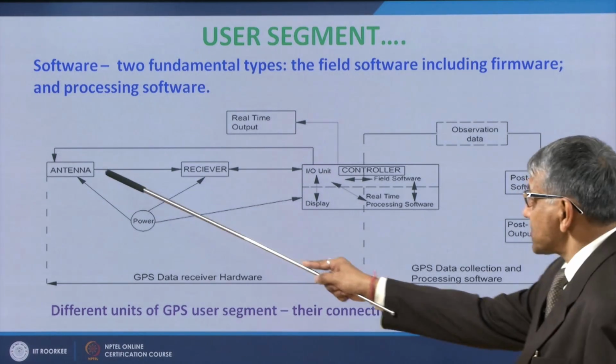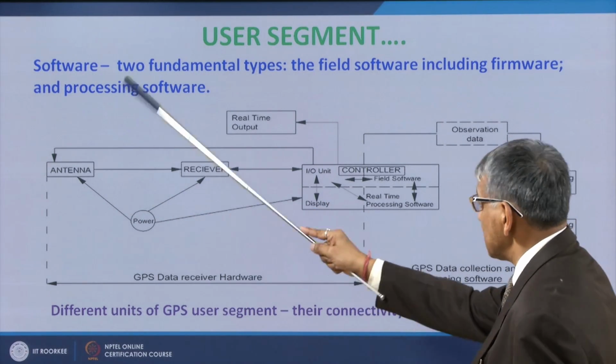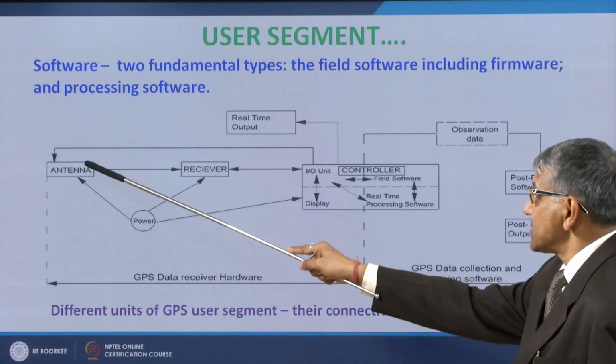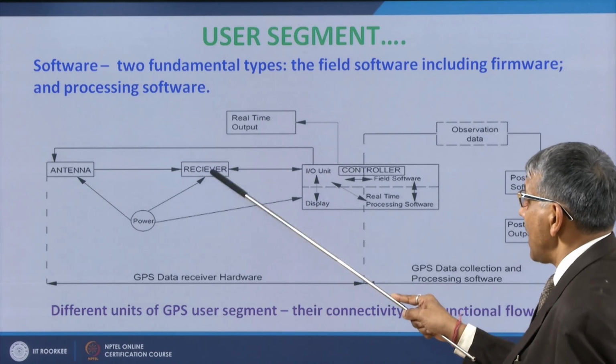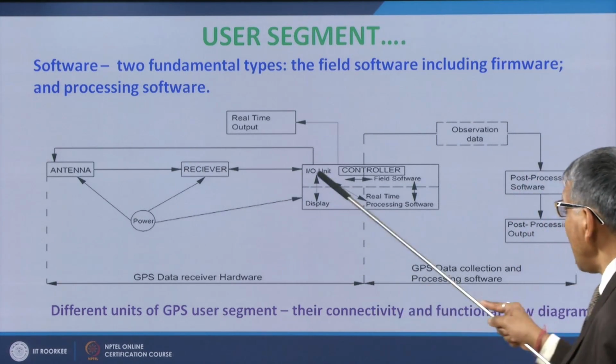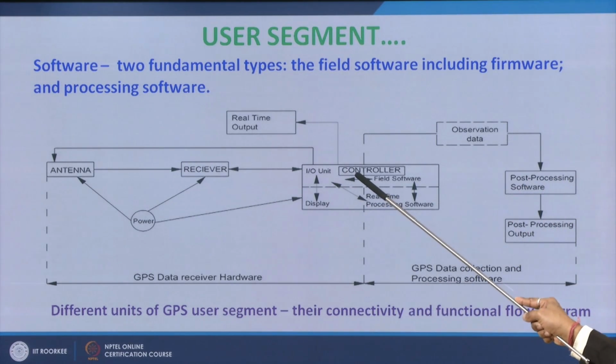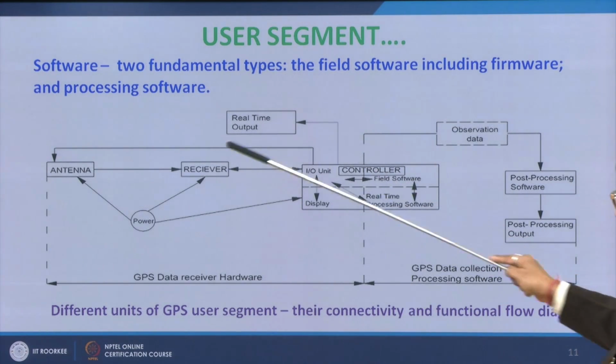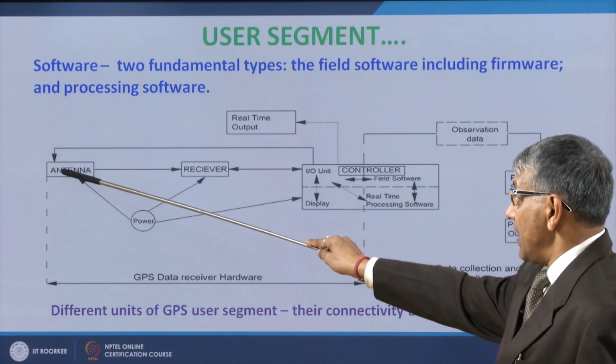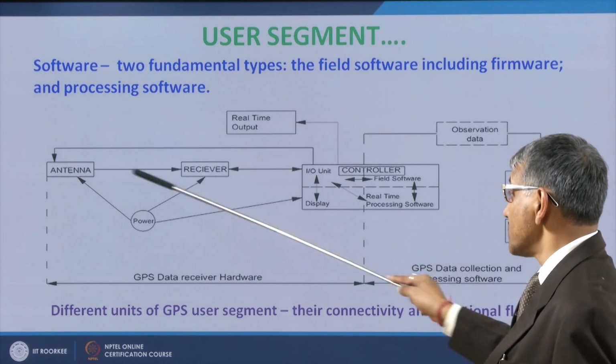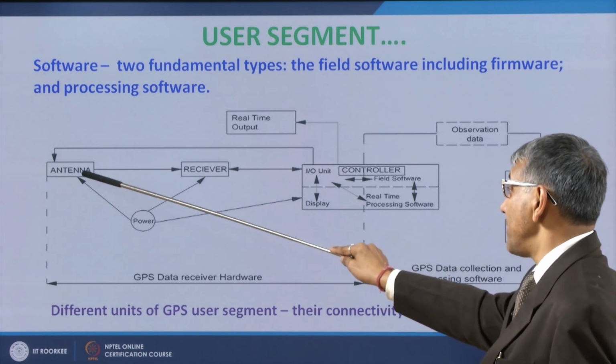Once it receives the signal from the GPS satellites, it will send the signal to the receiver, and the receiver will receive the signal as per the instruction given by the controller. So the controller is controlling not only the reception of the antenna from the GPS satellite, but also the reception of the signal from antenna to receiver.